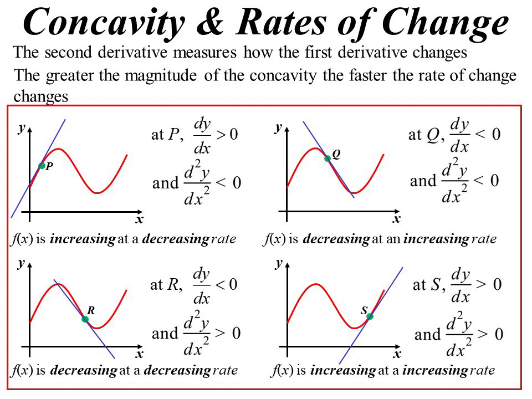At S, increasing at an increasing rate. See, they're both positive. When they were in opposite directions, one's positive, one's negative, then it's happening at a decreasing rate. So this one's increasing at a decreasing rate, this one's decreasing at a decreasing rate. That's really what you're looking at. Are the signs the same or are the signs different?